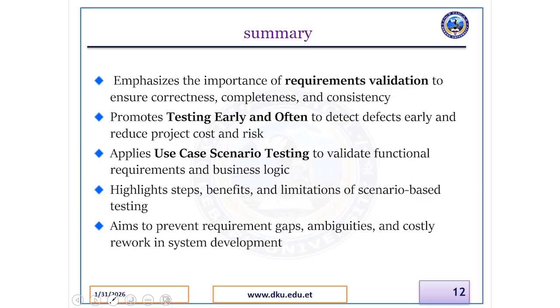It promotes testing early and often to detect defects early and reduce project cost and risk, and applies use case scenario testing to validate functional requirements and business logic. It highlights the steps, benefits, and limitations of scenario-based testing. It aims to prevent requirement gaps, ambiguities, and costly rework in system development.